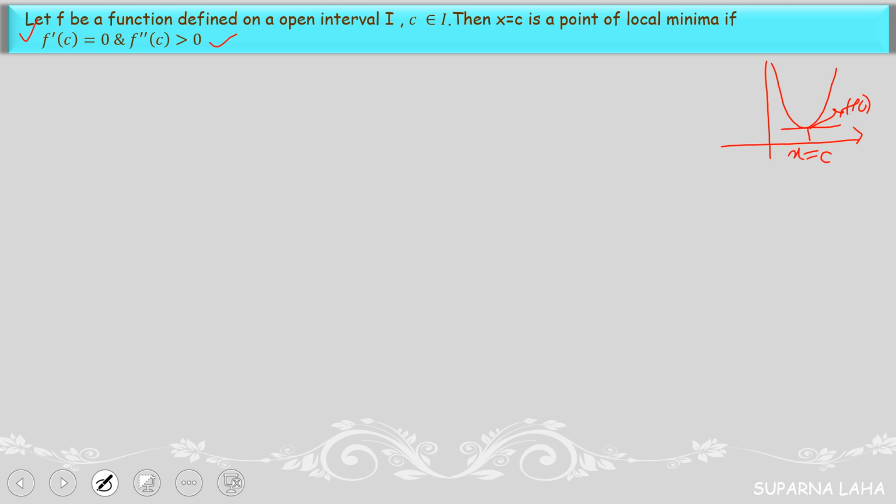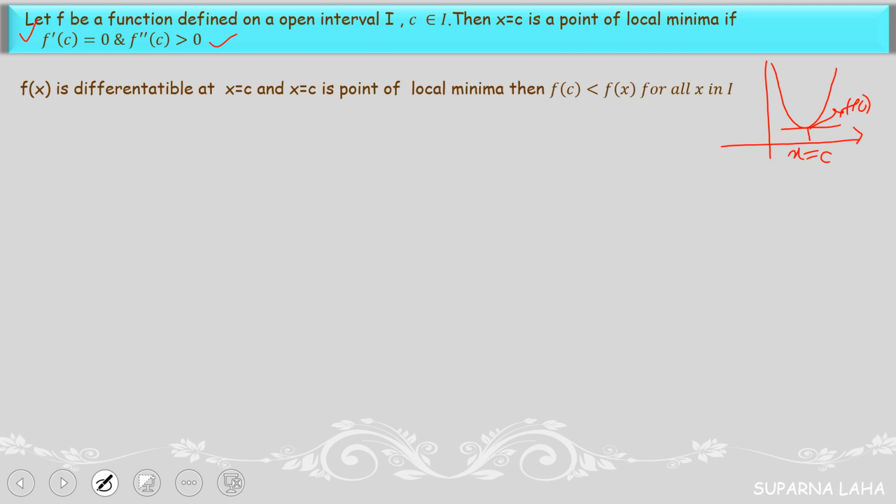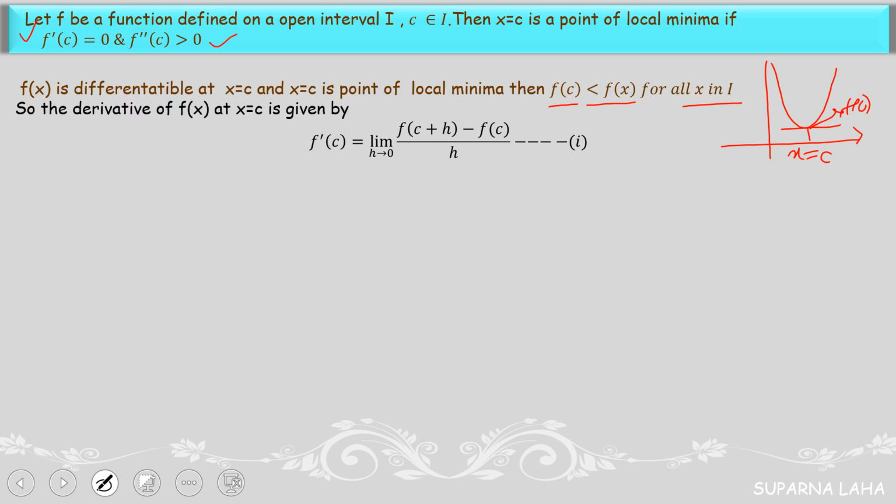If it is a local minima, then f of c is the lowest value in this interval, that is f of c less than f of x for all x in this interval. Now in a similar manner, just apply the definition of the derivative on f x. This limit exists according to the definition of derivative.